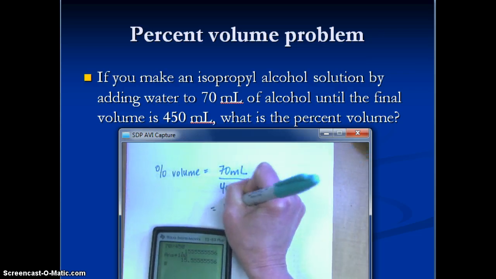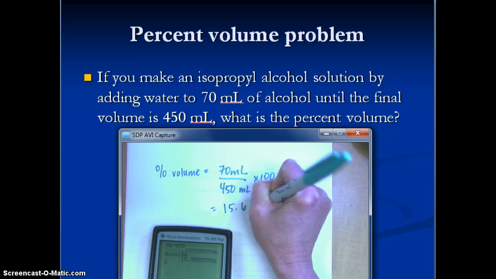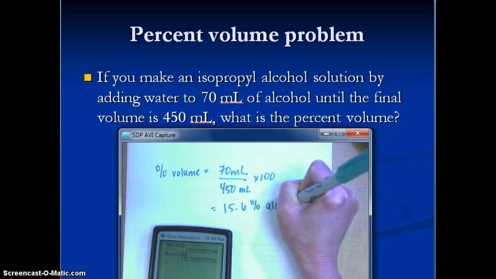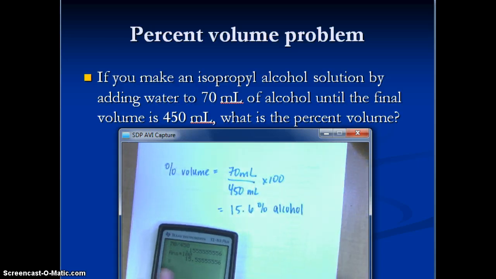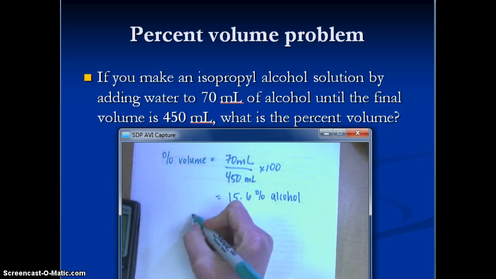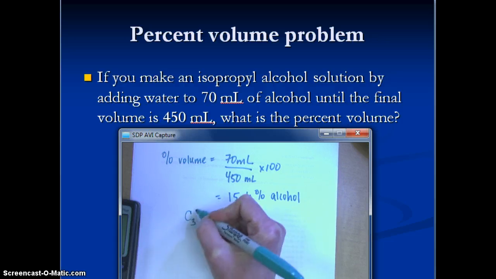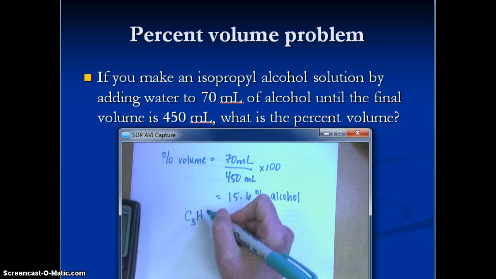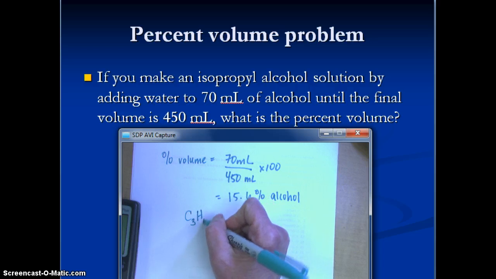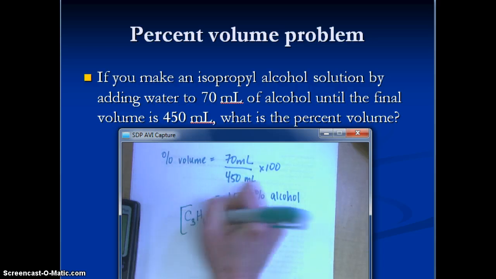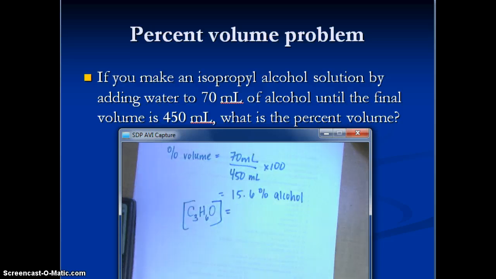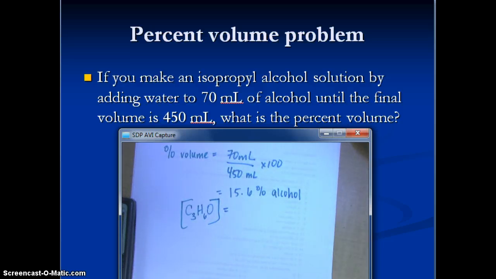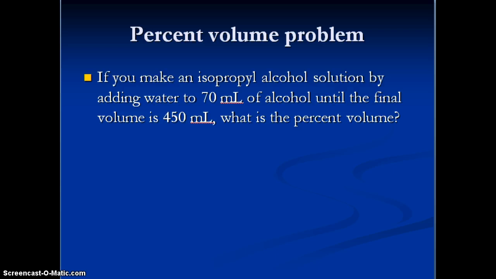That is a 15.6% alcohol solution. Or you might see isopropyl alcohol, like methane, ethane, propane. It's C3H, 1, 2, 3, 4, 5, 6, I think it's 6O, something like that. You would see something like that equals 15.6% concentration.